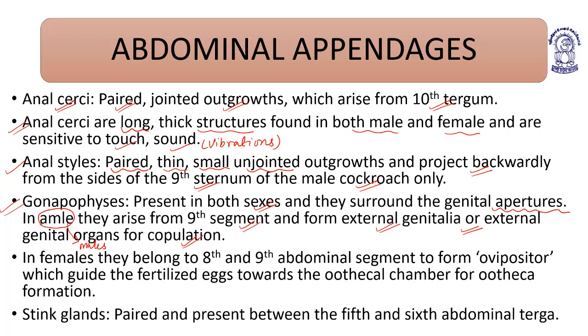In females, they belong to the 8th and 9th abdominal segments, while in males they arise from the 9th abdominal segment. In females, they arise from the 8th and 9th abdominal segments to form the ovipositor.